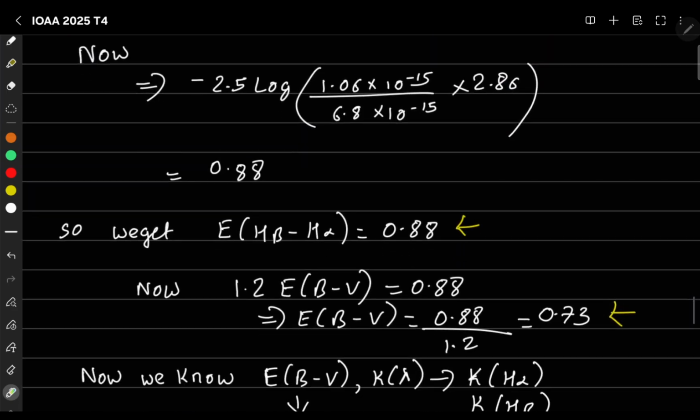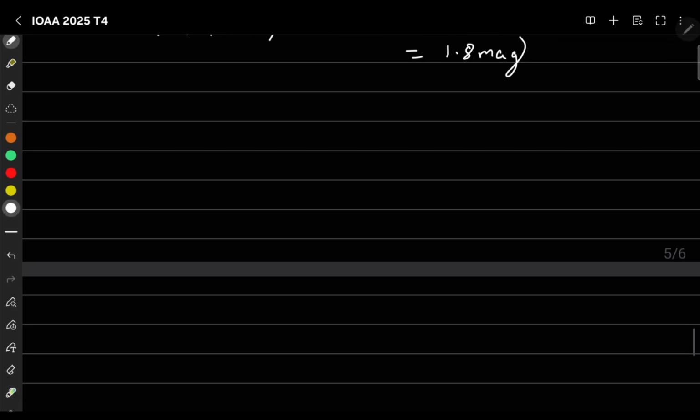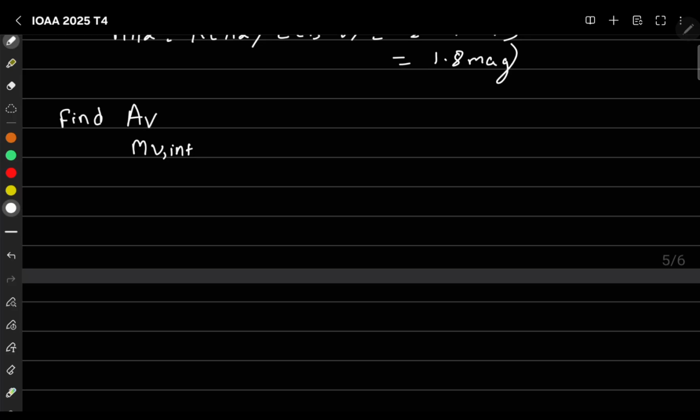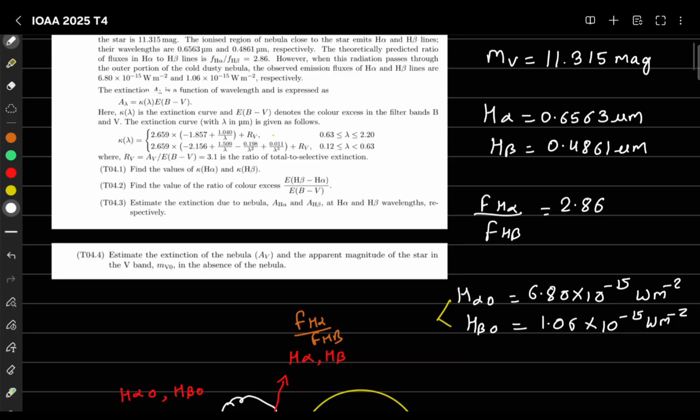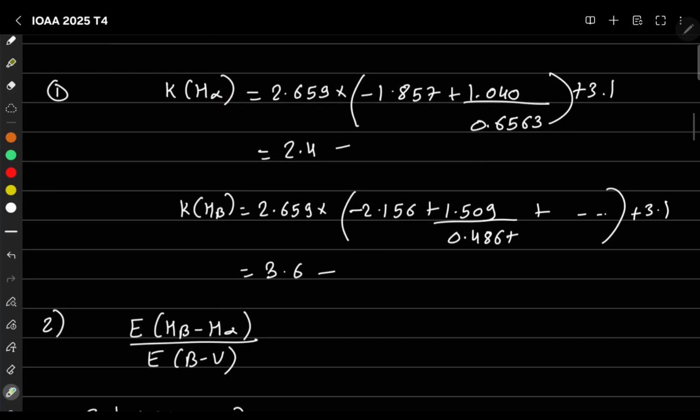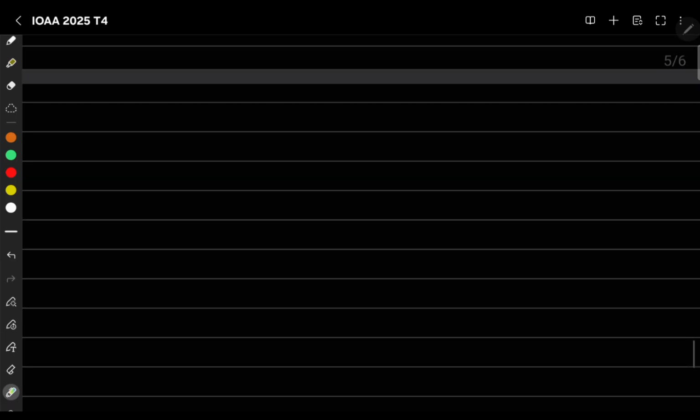So my question is saying, find A_V, the extinction in the V band, and M intrinsic for the V band. That is my question. Okay. So now if I go into the question, I saw the relation, which is the extinction in the visual band divided by the color excess, which gives me 3.1. And since I already found E(B minus V).